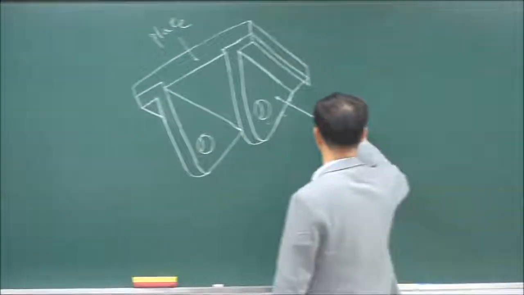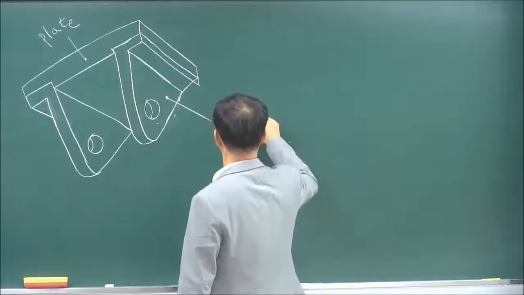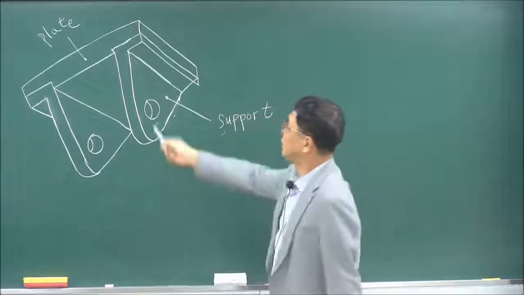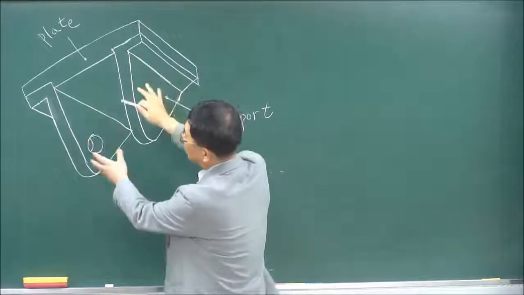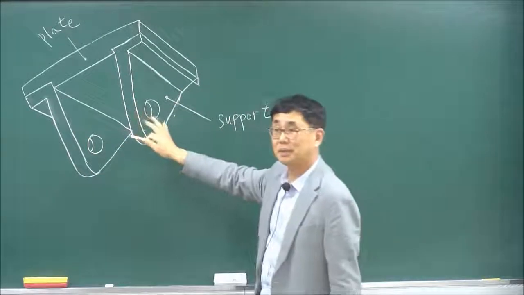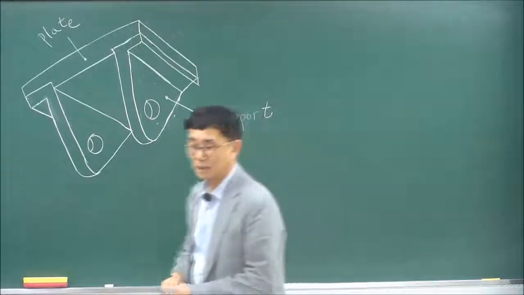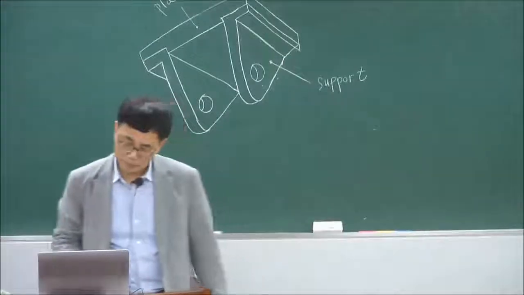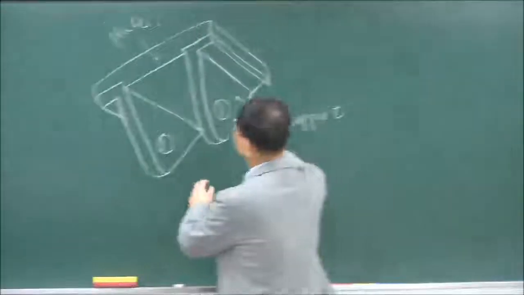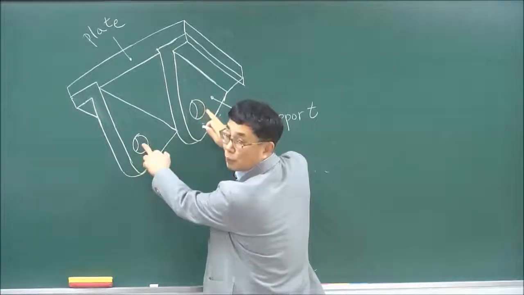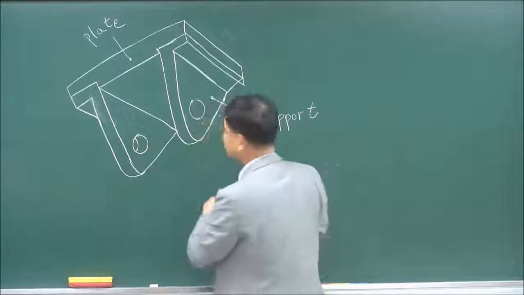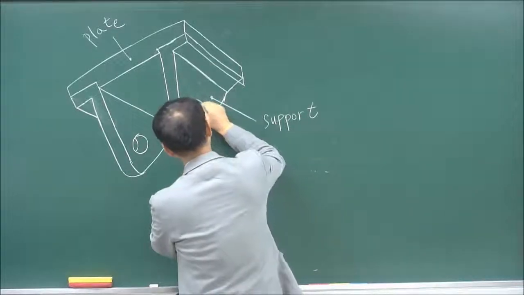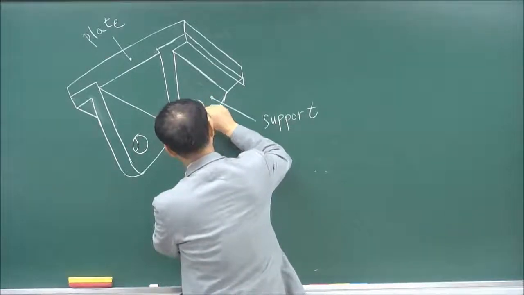So this is a support. If the plate and 2 supports are assembled, then the shape is like this. Now the bushing has to be inserted into two holes. After you insert the bushing, the shape will be like this.